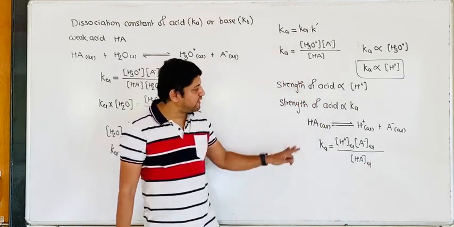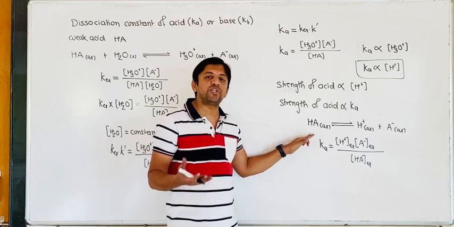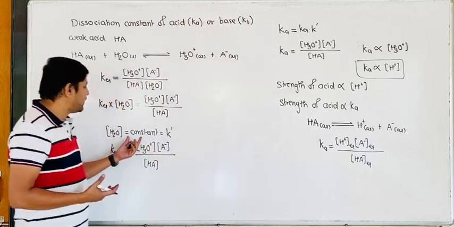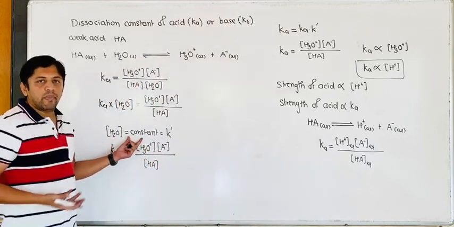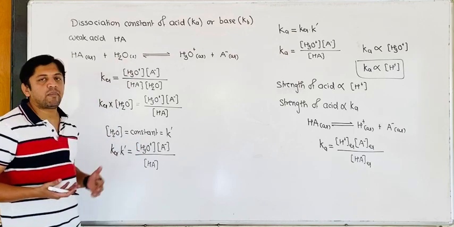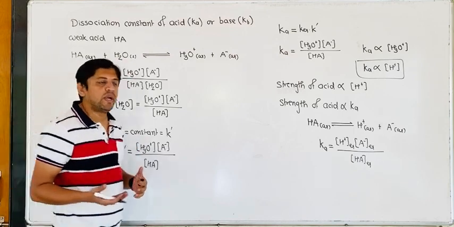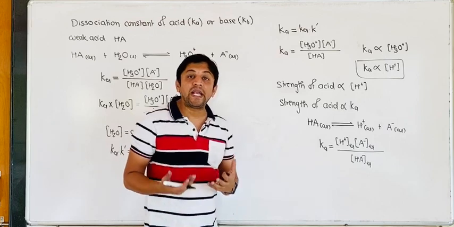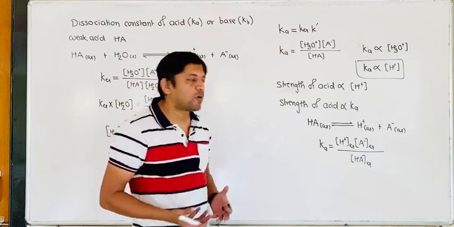Water is not taken in this expression because the concentration of H2O almost remains constant throughout the experiment, as it is taken in excess amount and is present in a pure form. Its concentration or activity remains constant.